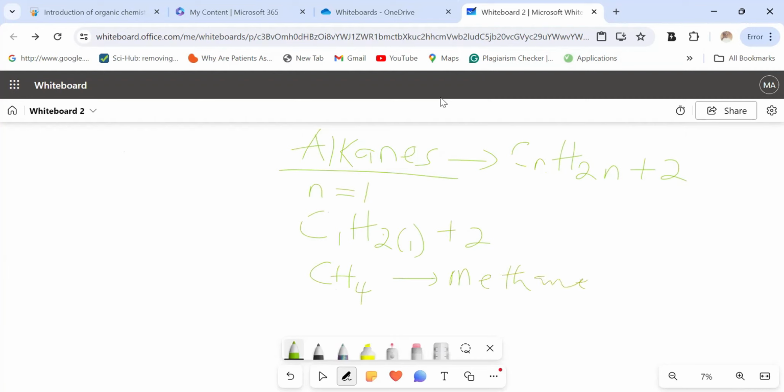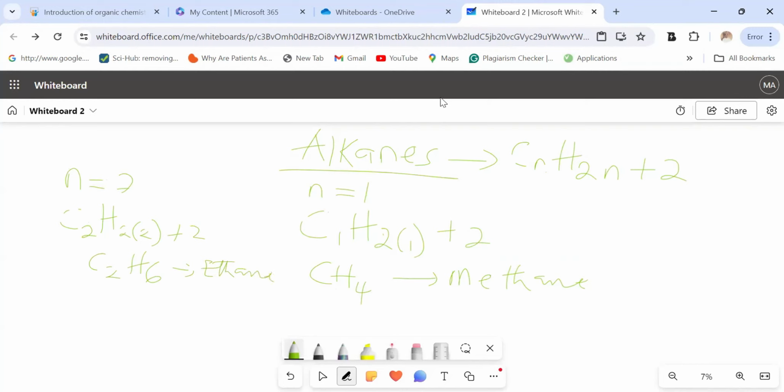And when n is equal to 2, you also substitute it in the formula. You end up having C2H2 times 2 plus 2. We have C2, 2 times 2 is 4, plus 2 is 6. So we have C2H6. This is ethane.